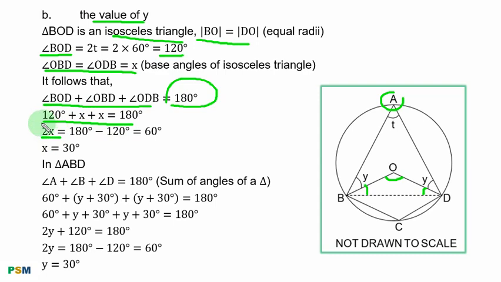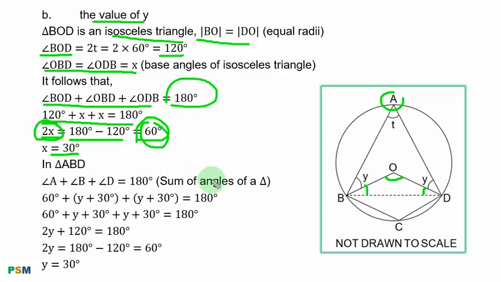You transfer this angle to the right hand side. When you subtract, you have 30 degrees. To get S, divide both sides by 2. S is equal to 30 degrees.